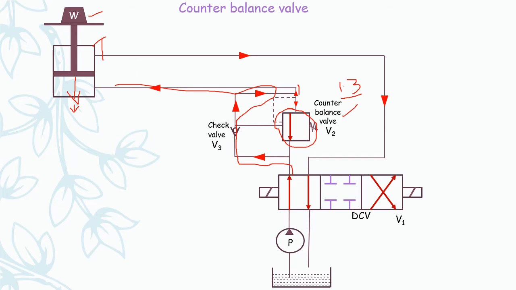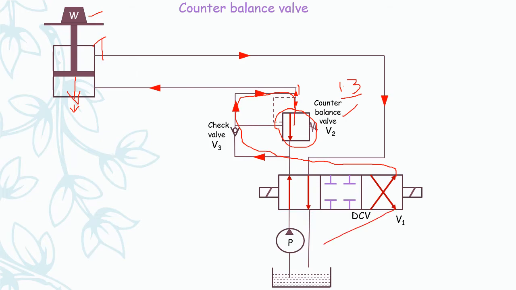So now when the load has to be retracted, the full line pressure is applied through directional valve V1 from this direction. Due to this increase in pressure, valve V2 will open and allows the load to lower and the fluid flows to the tank.